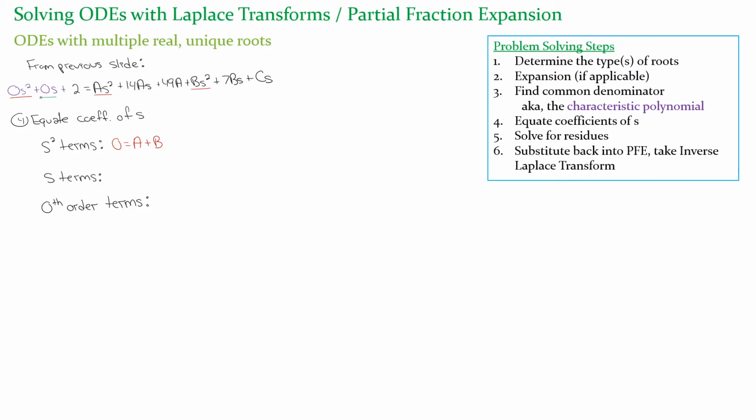For my s terms, I have 0 on the left-hand side and 14a plus 7b plus c on the right-hand side. And then for my 0th order terms, I have 2 and 49a.